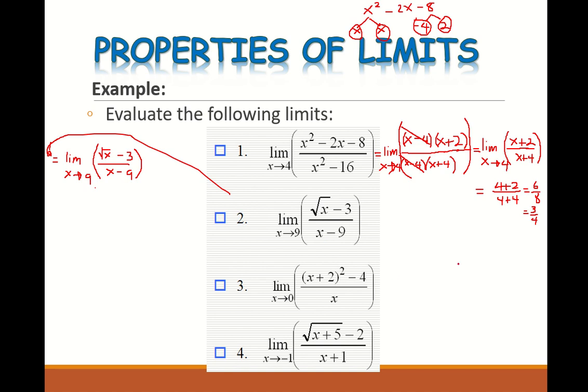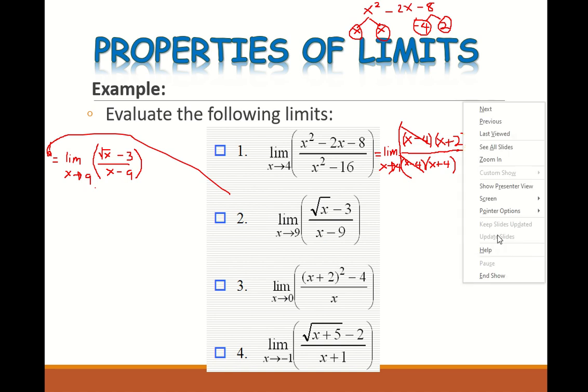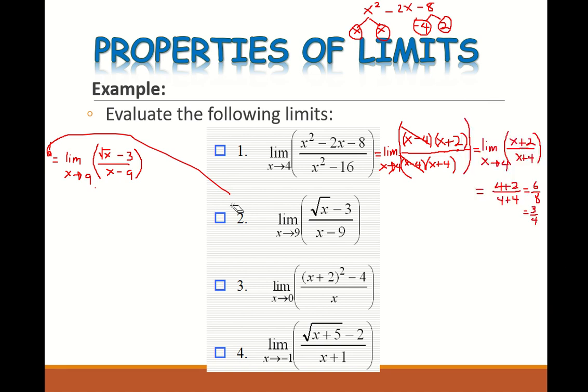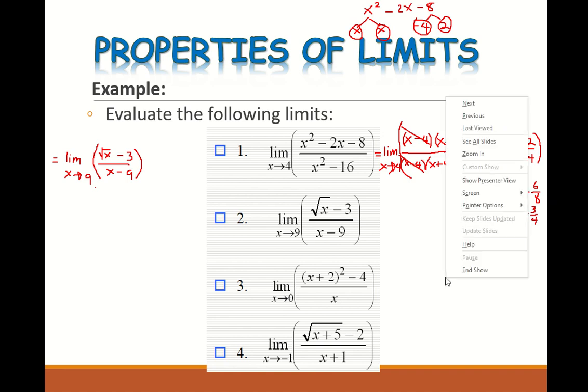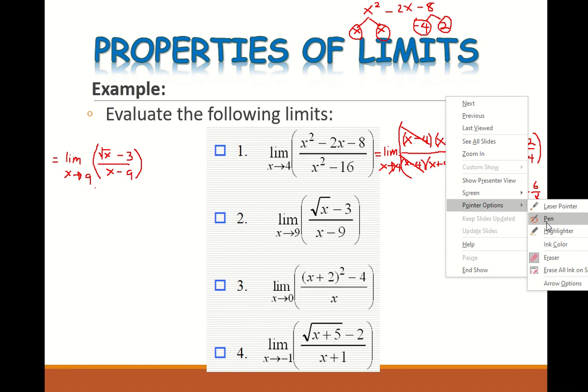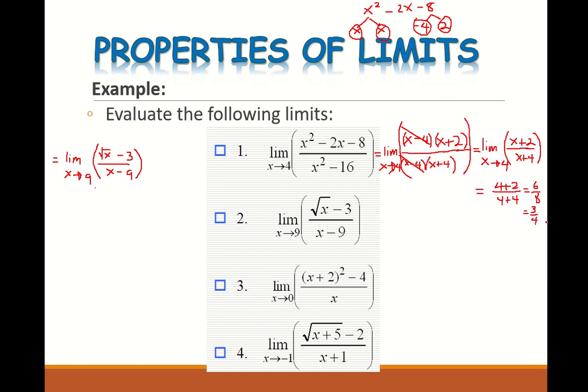To solve this, the technique is to multiply it by the conjugate, since you have a radical here. What does conjugate mean? If you are given a radical and the second term is negative, the conjugate of minus is plus.